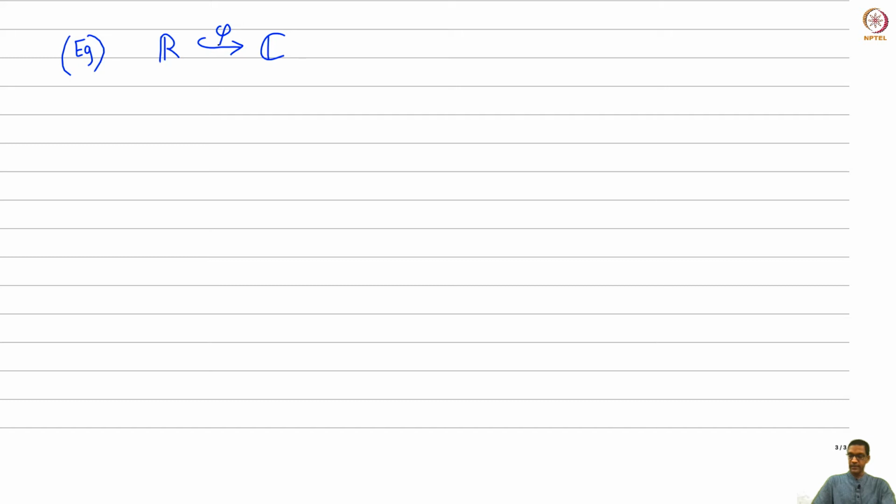So any complex vector space can be viewed as a real vector space by restriction of scalars. That's exactly the same definition. Here it's just the inclusion map, and the inclusion map is exactly what corresponds more generally to restriction of scalars via an arbitrary homomorphism.